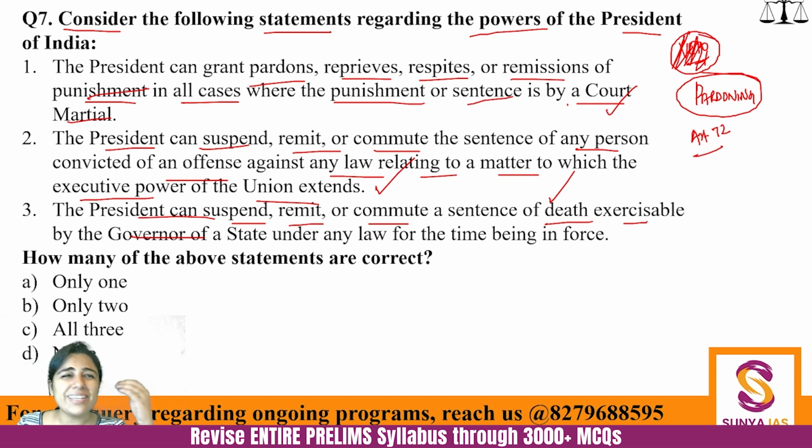Governor can do anything with the death sentence apart from pardoning the death sentence. Although recently Supreme Court has said that governor even has the power of pardoning the death sentence, but constitutionally there is no change. The governor does not have the power to pardon the death sentence.